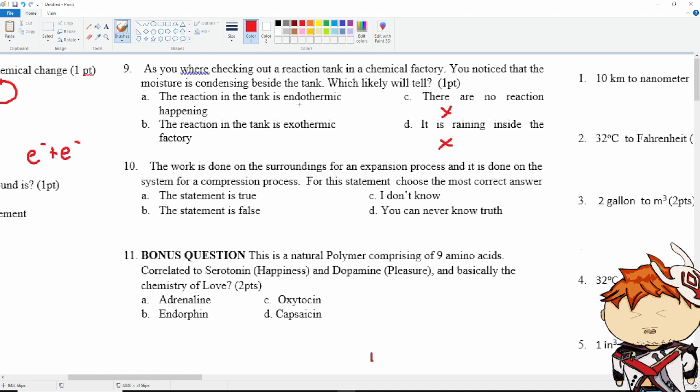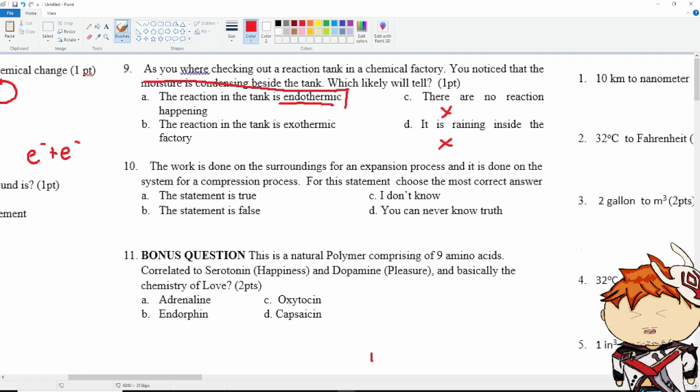Okay. If it's very cold, it means the reaction is absorbing heat, taking the heat out of the air and condensing the vapor in the air. So endothermic is absorbing heat.